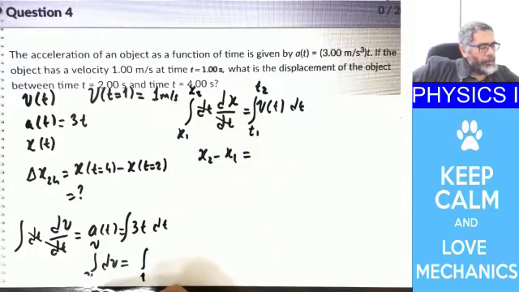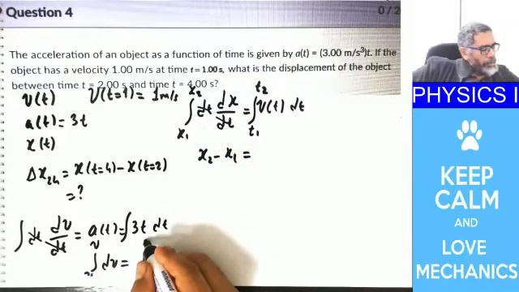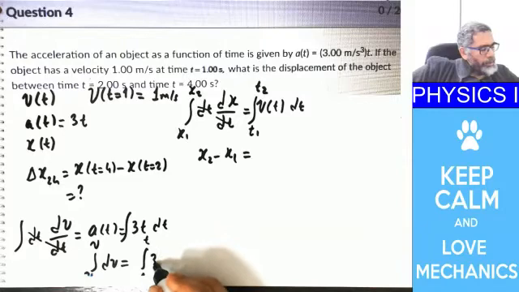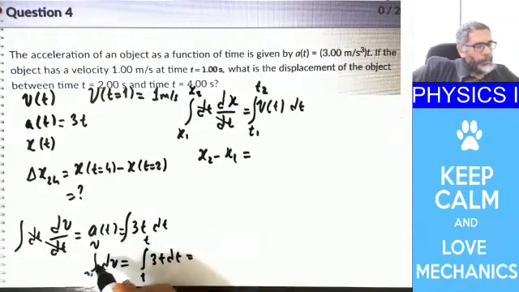And I will put this over here later. So, and t over here, 3t dt. And it's very easy to take this integral, both sides.